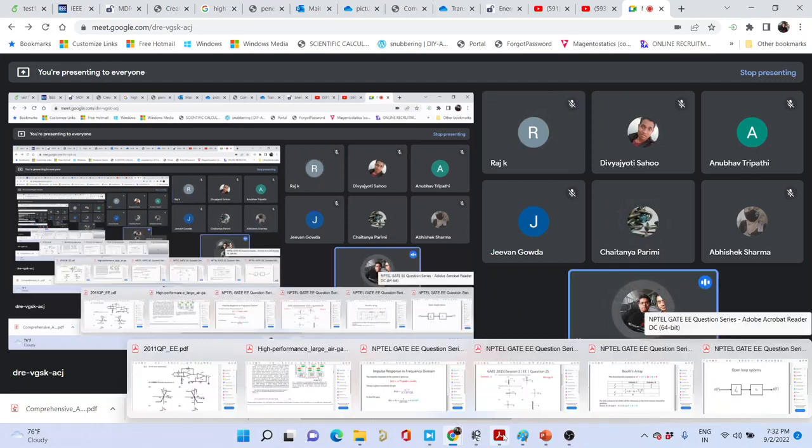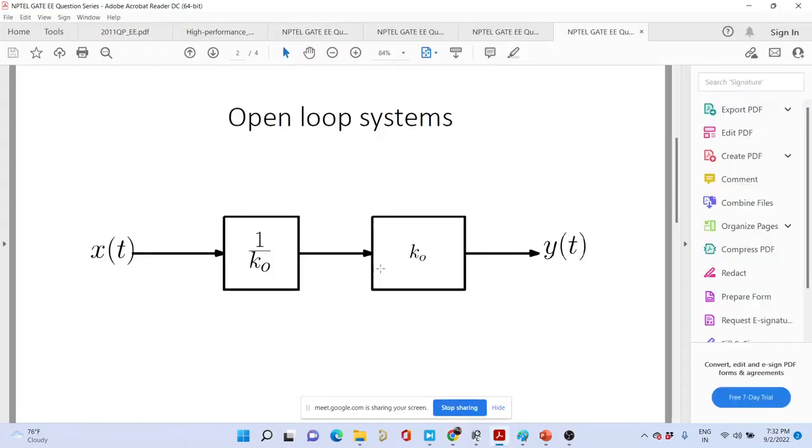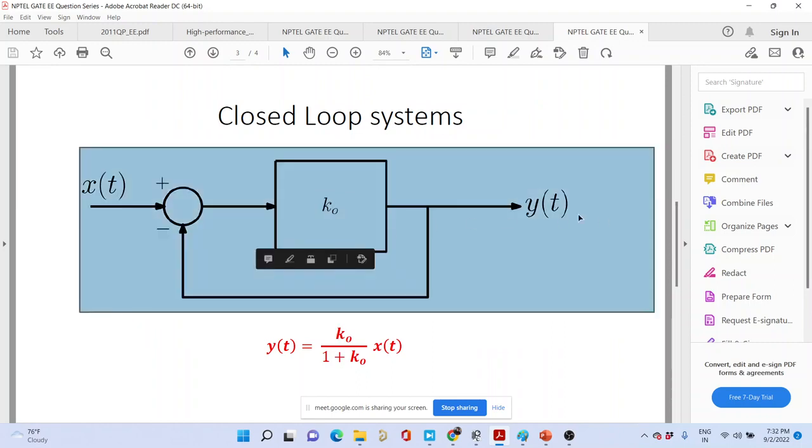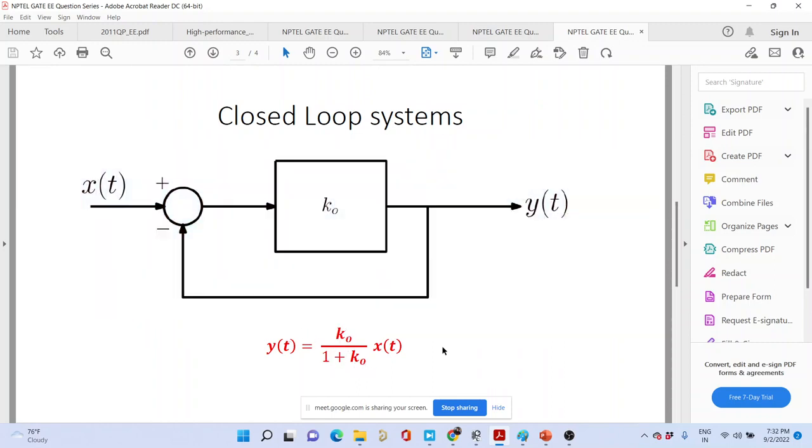So H.S. Black said that okay, if this is the problem, let us do something to the system. So what he did is this. Over here you see there is a gain k, and then yt becomes equal to k0 divided by 1 plus k0 into xt.